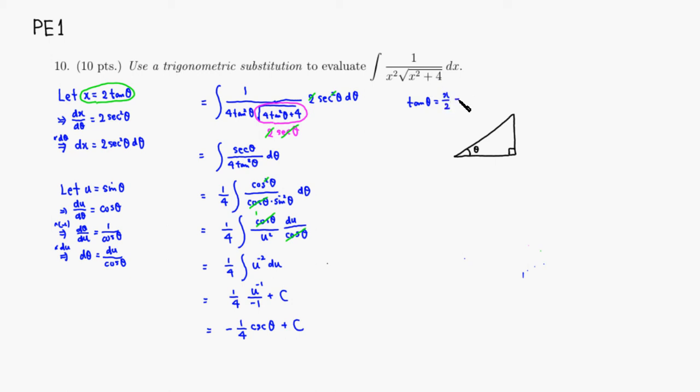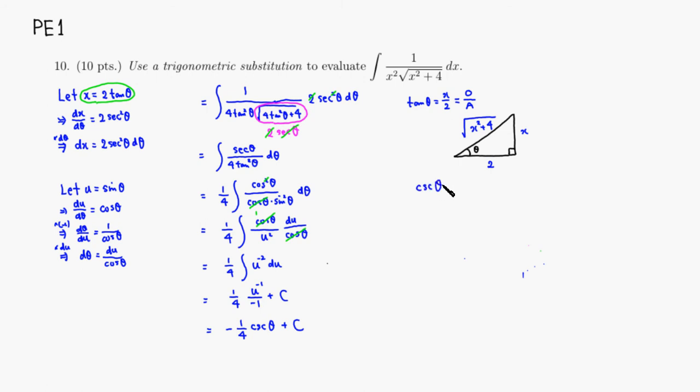A tangent is opposite over adjacent, so we can let opposite be x and adjacent be 2. Then the hypotenuse, using the Pythagorean theorem, is x squared plus 2 squared, that will be 4.